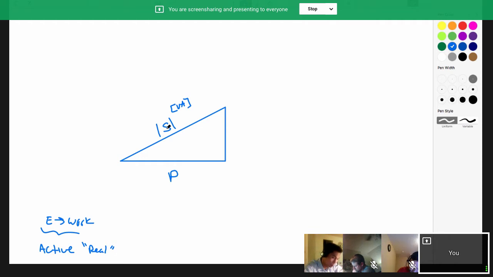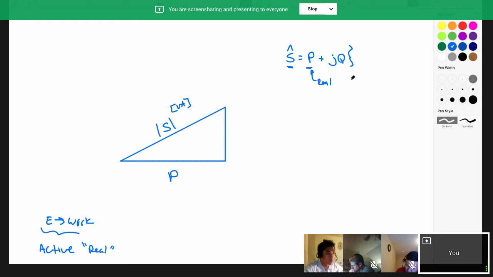So if our S magnitude is the length of our hypotenuse on our power triangle, then the amount of real power is equal to the length of this horizontal component down below. And if we write complex power in rectangular form, as the sum of real, active power and reactive power, the reason we call this real power is because this is the real component of S when we express it in rectangular.